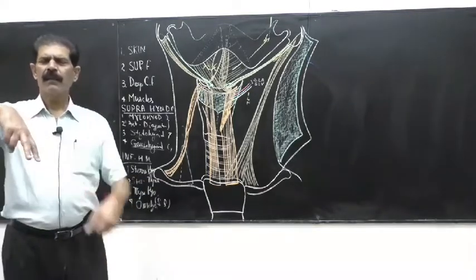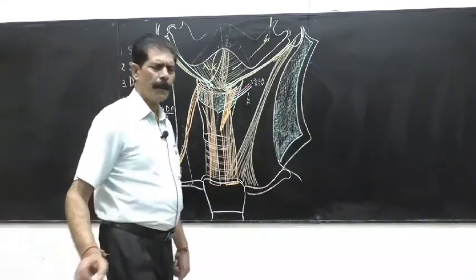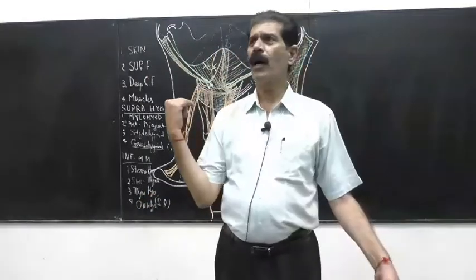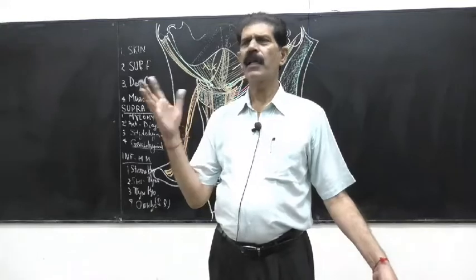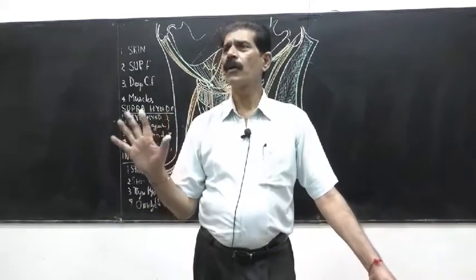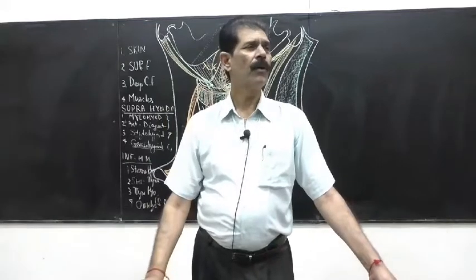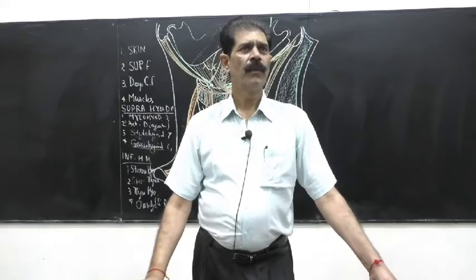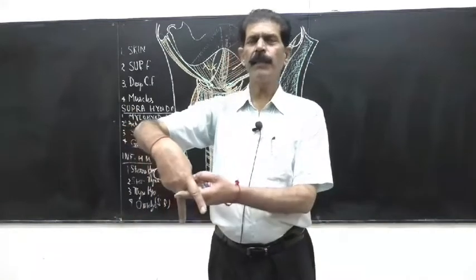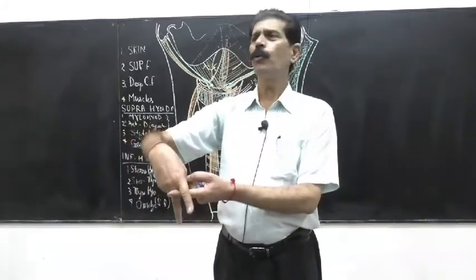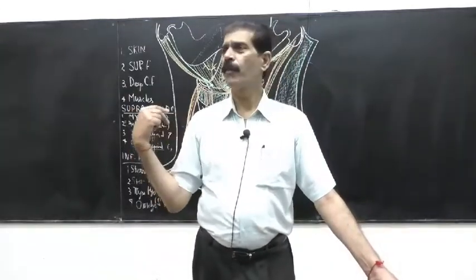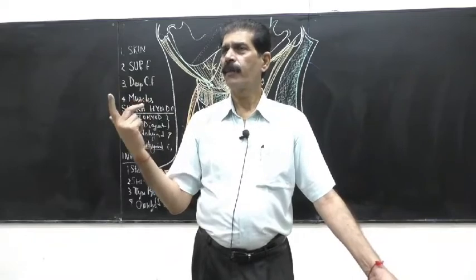Again a space is created, like the suprasternal space. This is called the omohyoid pouch. But it doesn't have any content. Only loose areolar tissue is there. No artery, no vein, nothing is there. So this fascia, the sling or the omohyoid pouch, is keeping the intermediate tendon and two muscles in position, like digastric. That is the only importance of the omohyoid pouch.